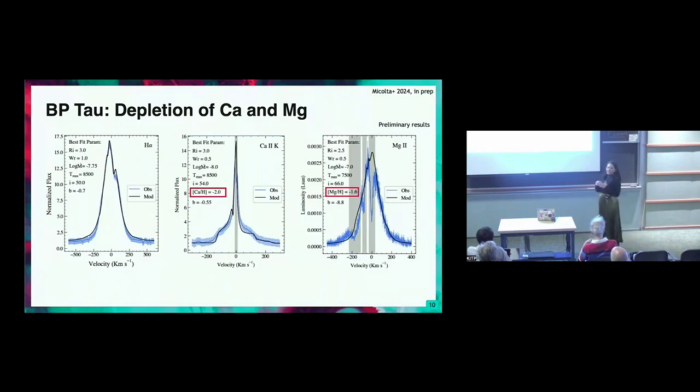What we see in calcium, we see in magnesium, which means that it's something that is intrinsically happening to the pebbles in the system. And just a reminder, these are the most common carriers in the solar system for these elements in the disk. So whatever is happening to these elements in the disk is preventing them from reaching the inner gas disk and making it to the lines.